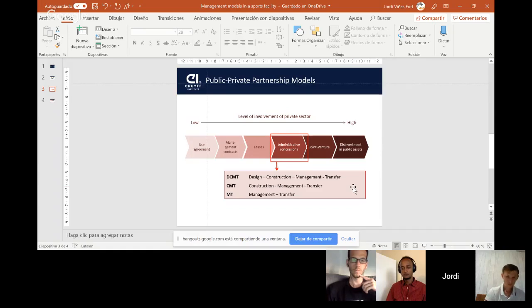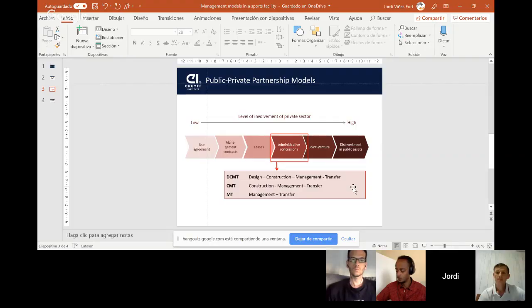What is being done is just to generate some public services, but they decide not to offer it themselves, but to offer it via a non-profit or even a for-profit organization. So this would be a use agreement. But there's no economic transaction here, and therefore there is no economic risk in the management of the facility. I understand.